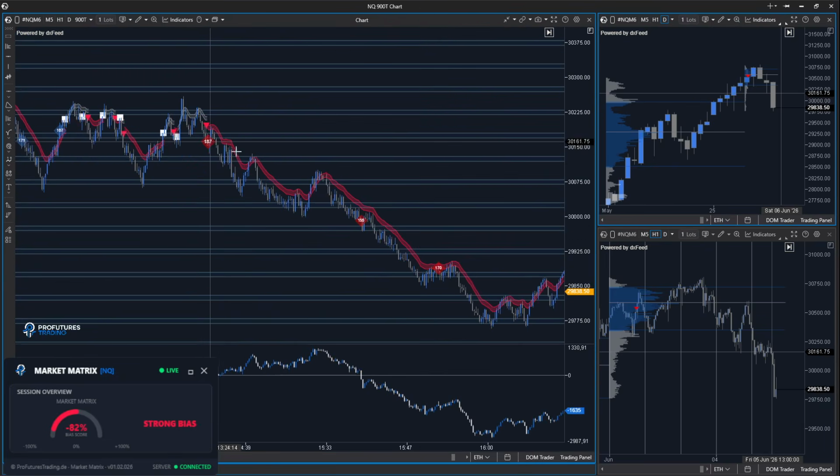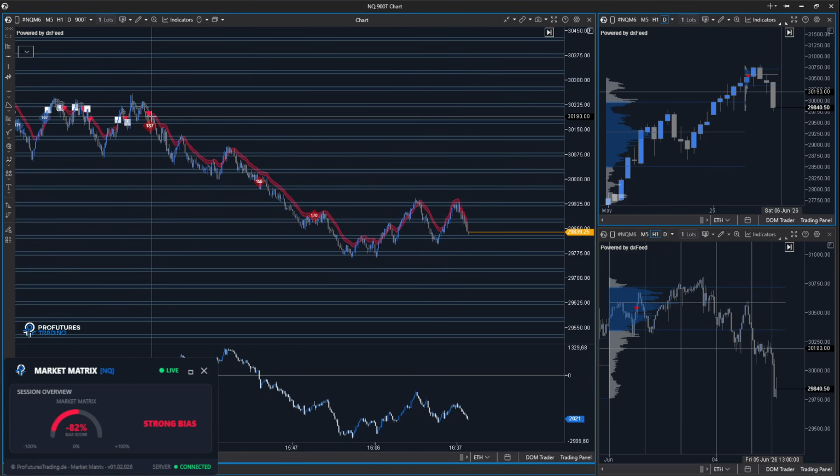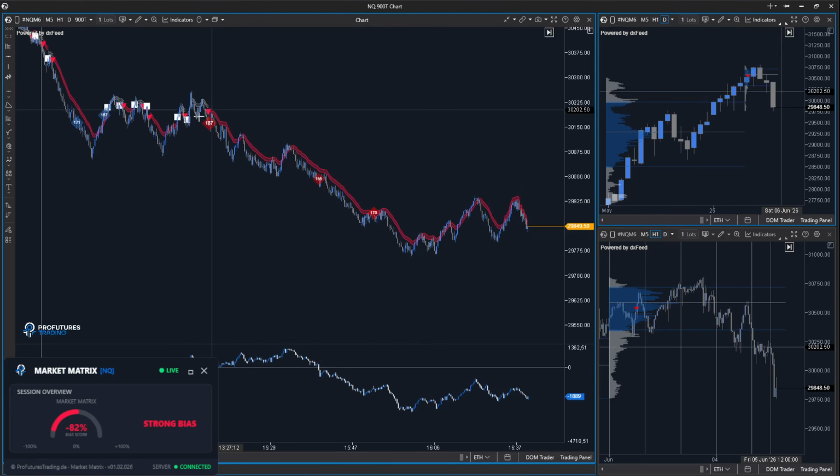Pretty nice, pretty simple, so I don't have to calculate in my head what the bias of the day is. And you can see here the marker got triggered here. Of course, I wouldn't trade this marker exactly. I would wait for a confluence inside my trading knowledge.